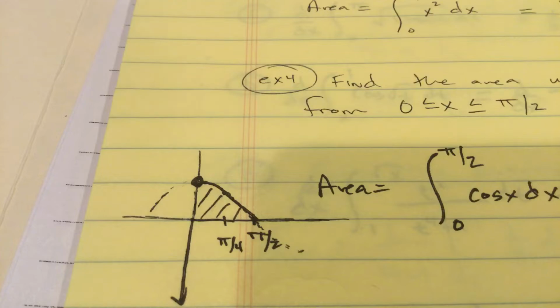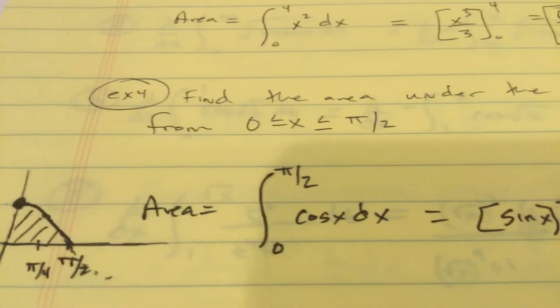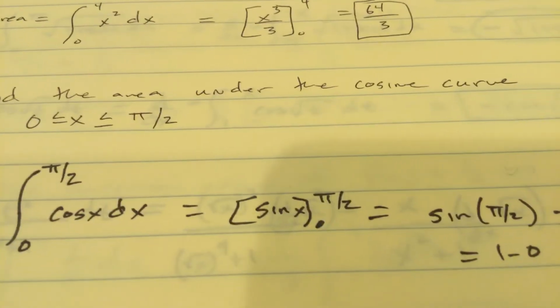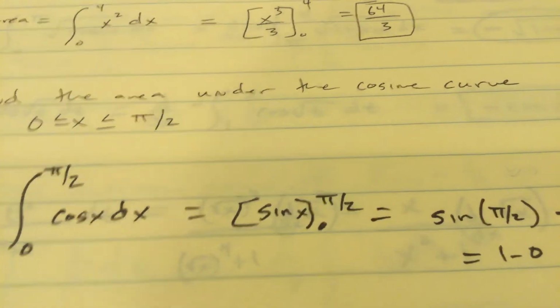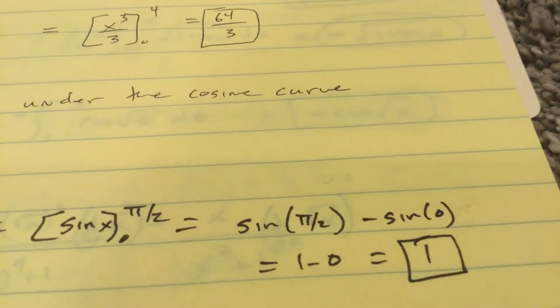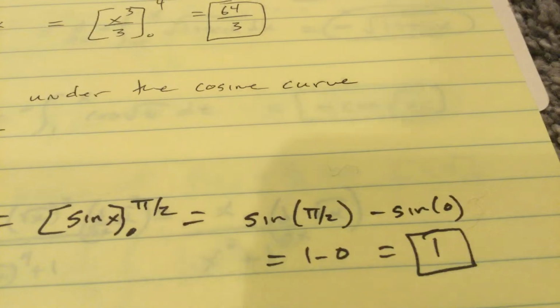So I tried my best. All right. The antiderivative of cosine is just regular sine, positive sine. The derivative of what would give you cosine? The derivative of sine. Okay, sine pi halves minus sine 0 is an area of 1, exactly 1.